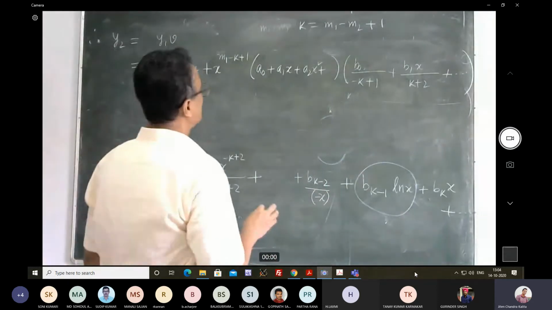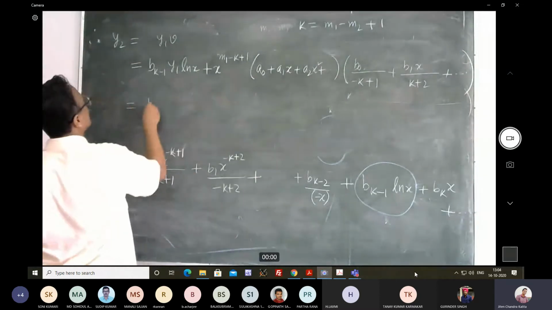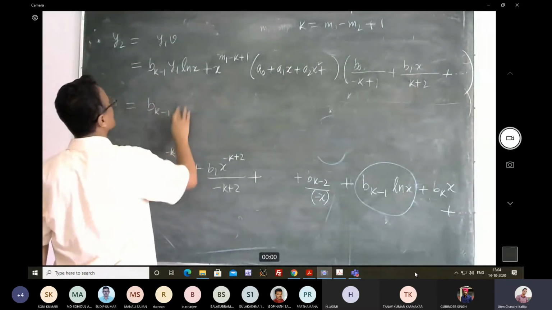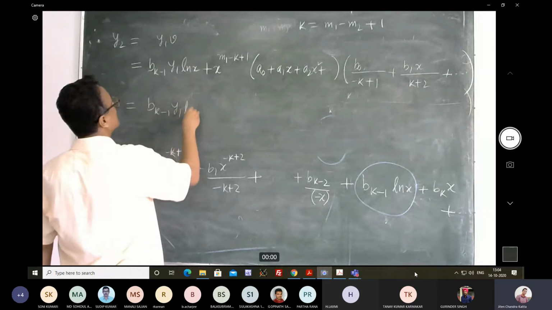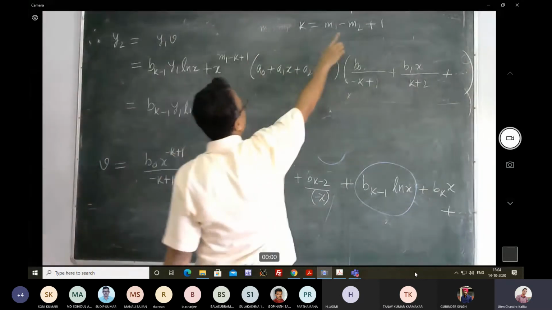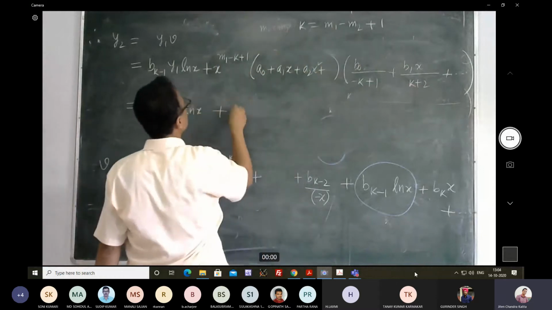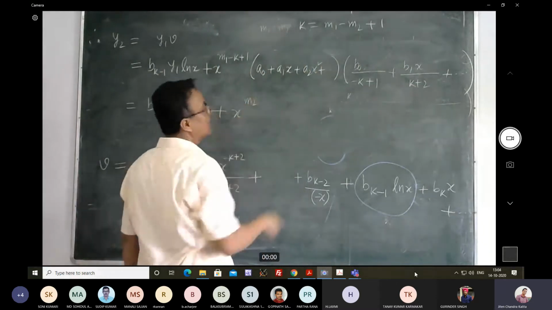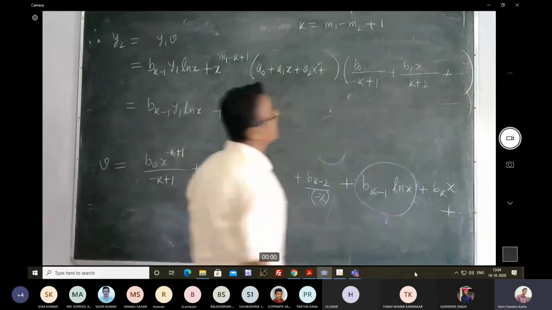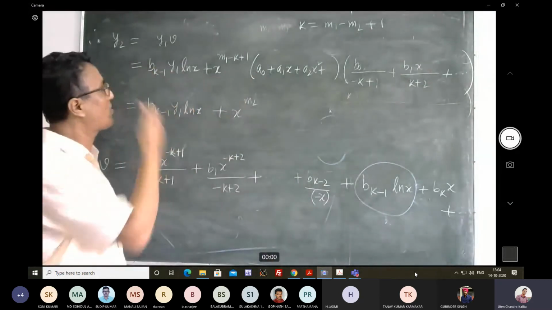Fine. So now what I mean to say is that this again is going to give you something like your y1 ln x plus this, which is simply your m2, because from here you can get this to be x to the power m2. Now again you will see that this is nothing but the product of two power series.